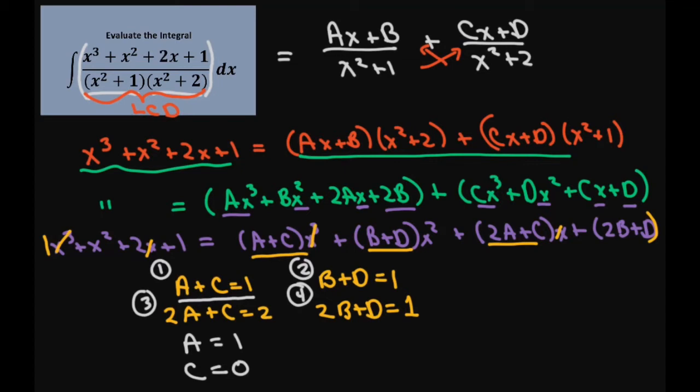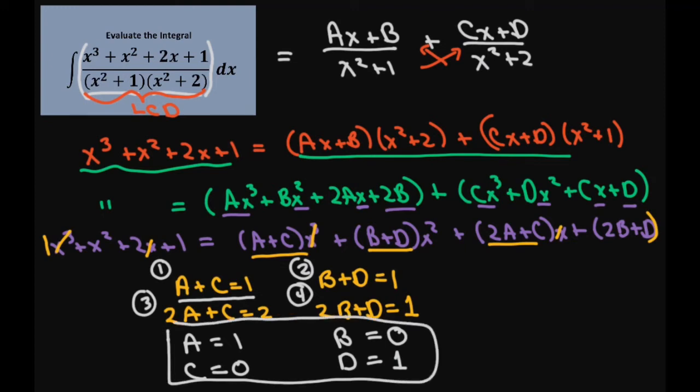So now let's do the b's and d's. Let's subtract 3 from 4. So 2b minus b is b. d minus d is 0. And 1 minus 1. So b is going to be 0. If b is 0, that means d has to equal 1. All right, so there's what we're going to fill in.